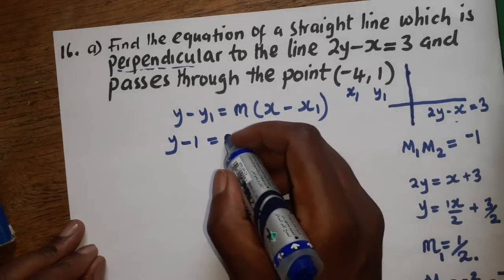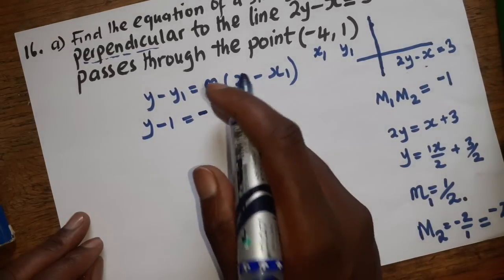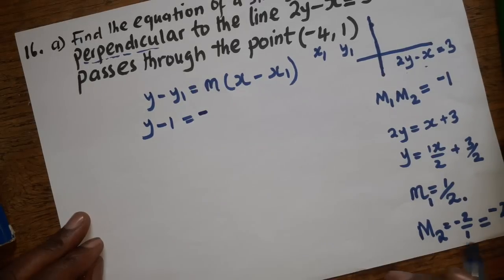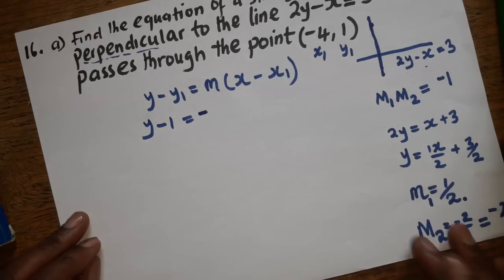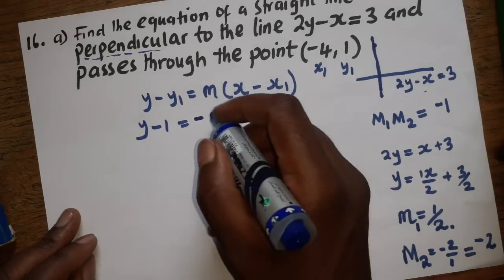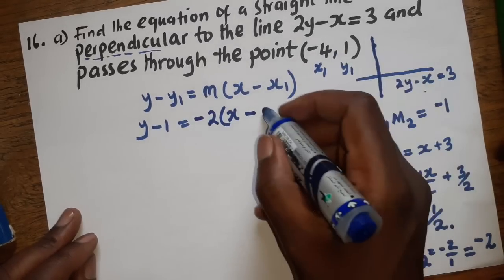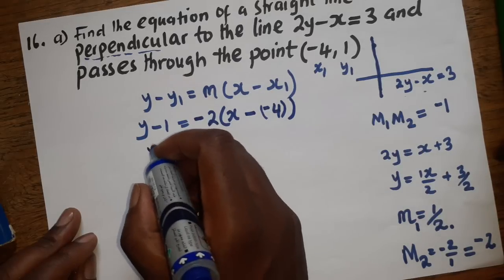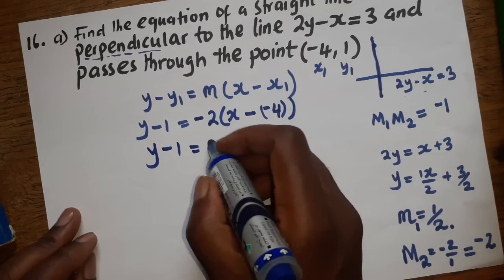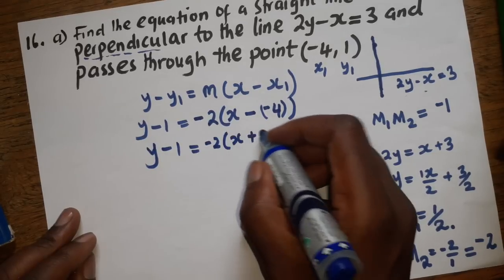Our m, in this case, because this is perpendicular to the other equation, is negative 2. So we have negative 2 times (x minus x1), where x1 is negative 4. Take note of that. So we say y minus 1 equals negative 2 times (x plus 4).